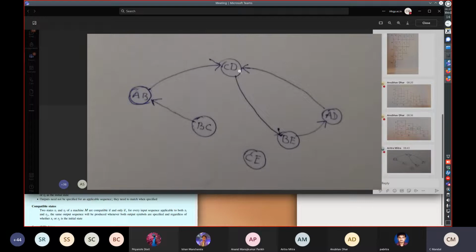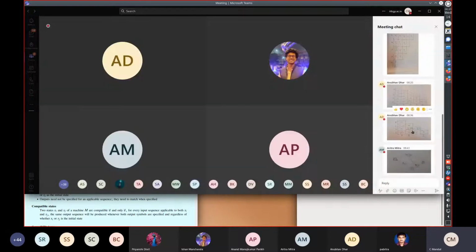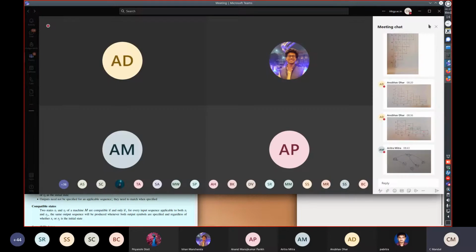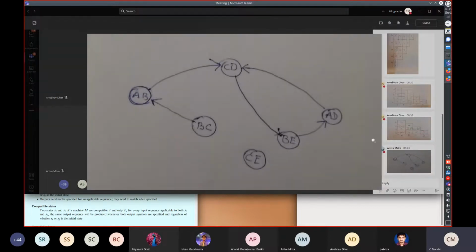But you cannot combine them into a single one as ACD, because AC, as you have seen, is an incompatible pair, okay? AC is an incompatible pair. So if you wish to go for this, this one is a little tricky.